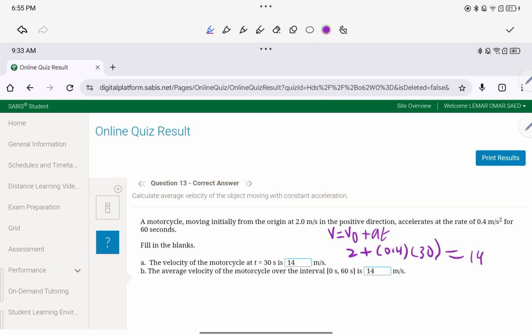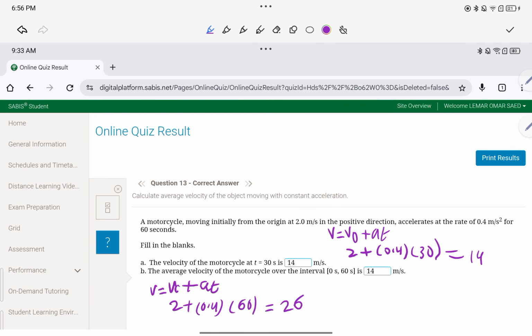Now you will also use the same formula. Sorry about that. V0 plus AT. 2 plus 0.4, 60. You will get 26.